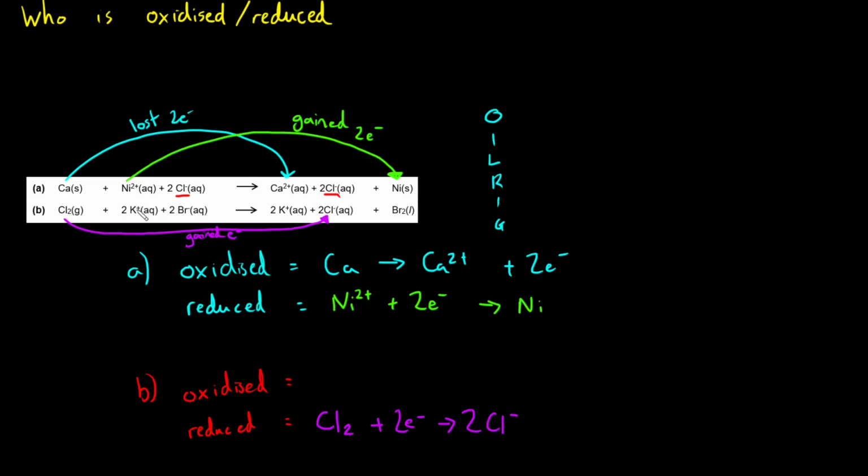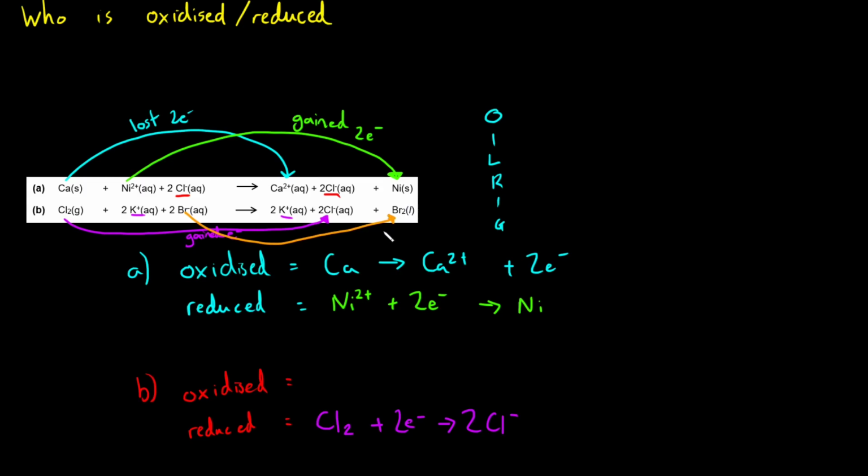Let's look at the potassium now. Potassium is K plus on this side, is K plus on that side. It's also aqueous on both sides. Nothing's happened to the potassium. It's a spectator ion. It's not taking part in the reaction. It is neither being oxidized nor reduced. And lastly, I've got my bromine going from Br negative to Br2, which is neutral.